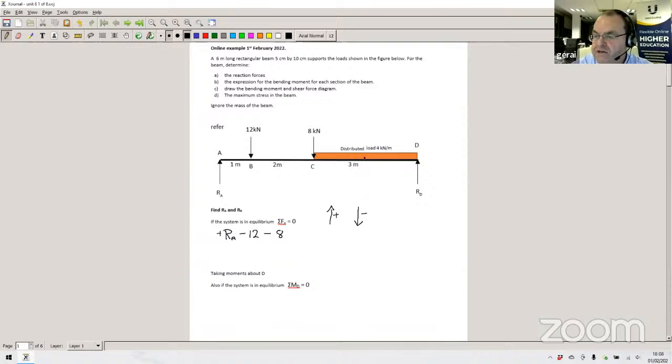So it's got a weight acting down here from that point in that direction. That's always considered to be at the midpoint of the length of the distributed load. So the force down is negative because it's downwards, and it's the distributed load, which is 4 kilonewtons per meter times the length, which is 3 meters.